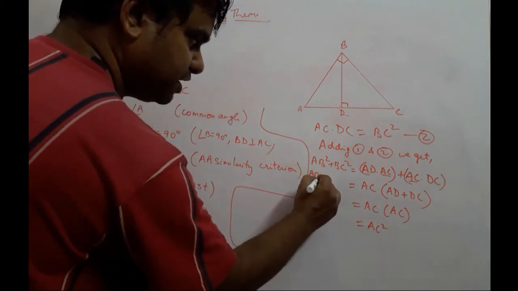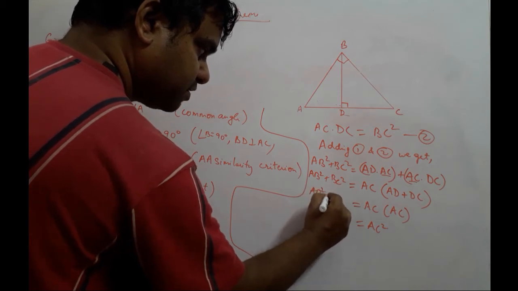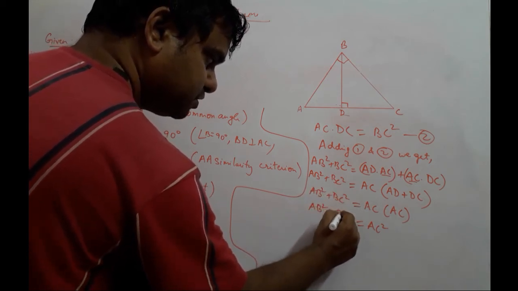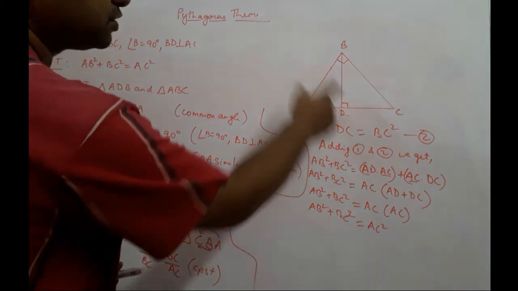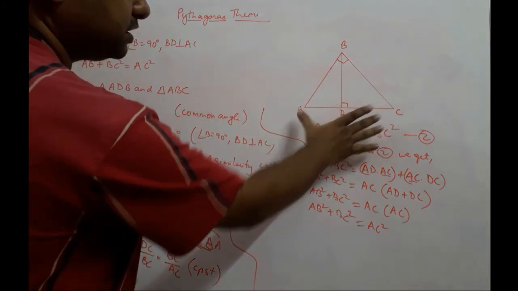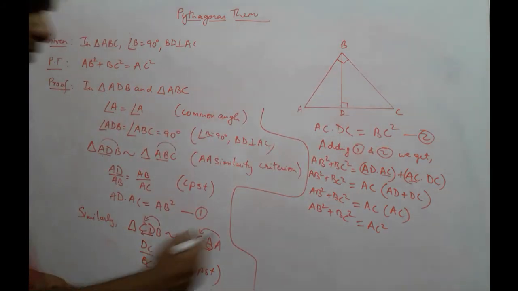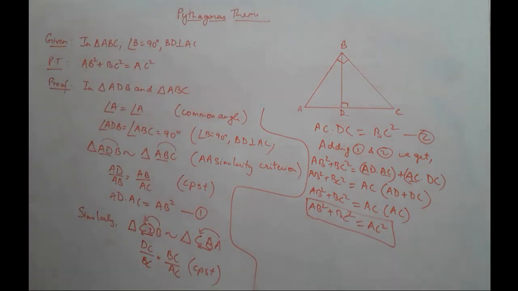So we can continue writing this over here, and that proves your theorem, which says that the square of the hypotenuse is equal to the sum of the squares of the other two sides. So this is the hypotenuse theorem proved.